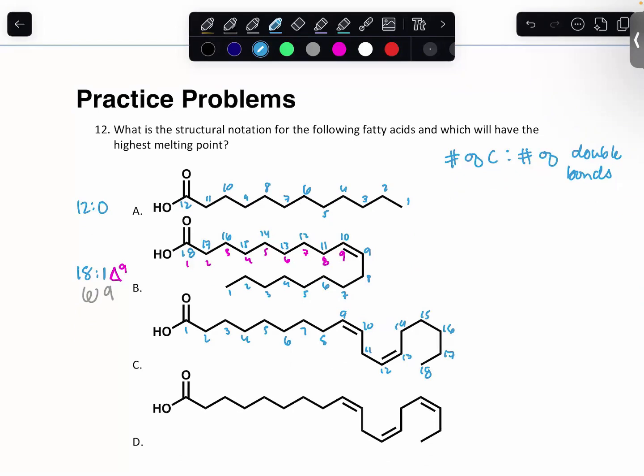How many carbons? How many double bonds? What number follows our delta? With the delta, you count from the carboxyl end, right? Yes. So delta 9 is 12.